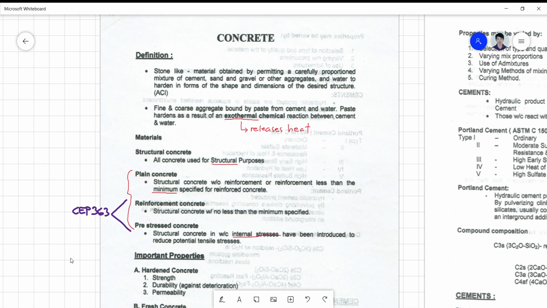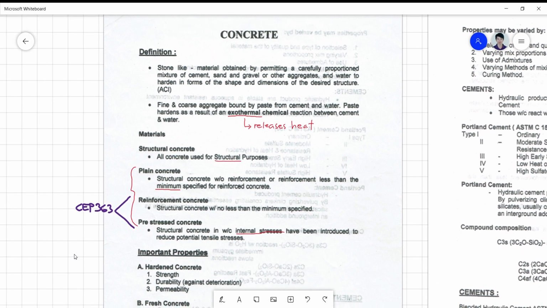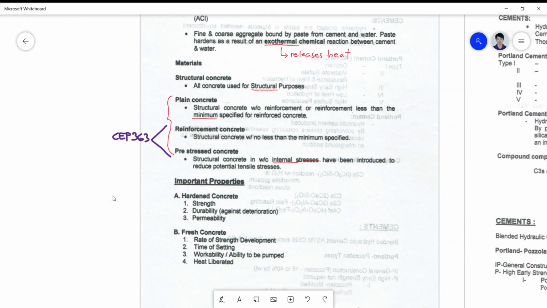So to understand better what concrete is all about, we have to define or enumerate the important properties of concrete. The first property is based on the hardened concrete property. So the first one is strength, the second is durability, and permeability.